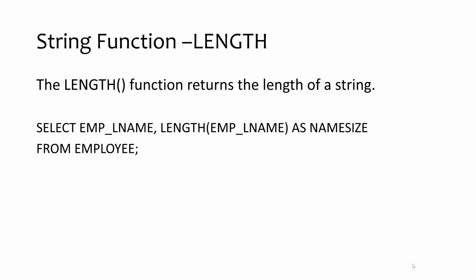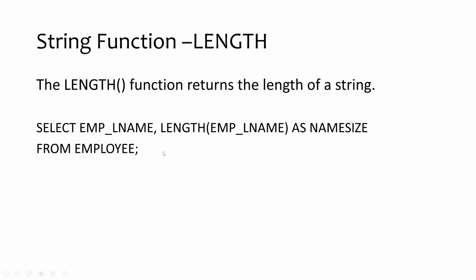Now I'm going to talk about another string function called length. This is quite useful because the length function returns the length of a string. In this example: select employee_last_name, length(employee_last_name) as name_size from employee. It will display the length of that string.